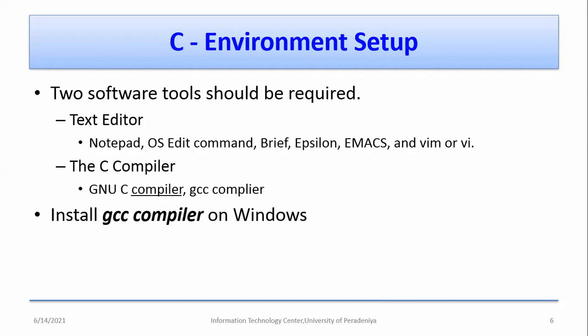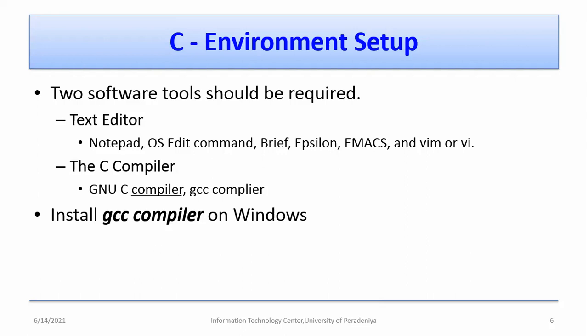In our course, we use the GCC compiler. We use Dev-C++. Even though it is a C++ tool, we can do C programming with it as well. In Dev-C++ we have a GCC compiler, and we don't need a separate text editor because within the Dev-C++ software there is a text editor.